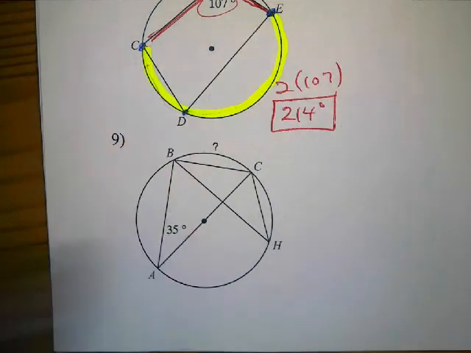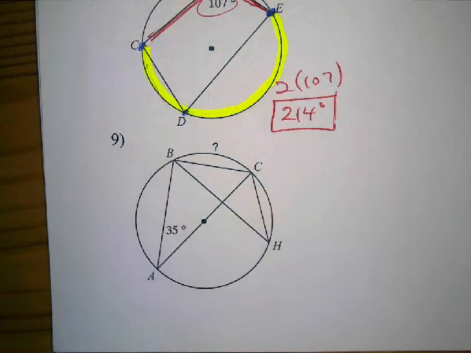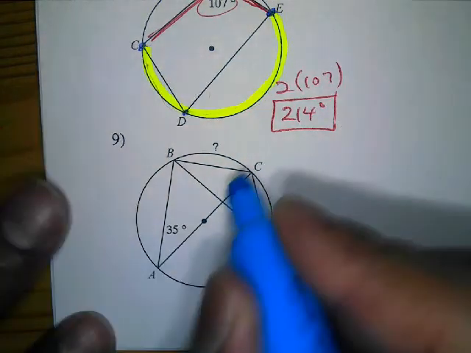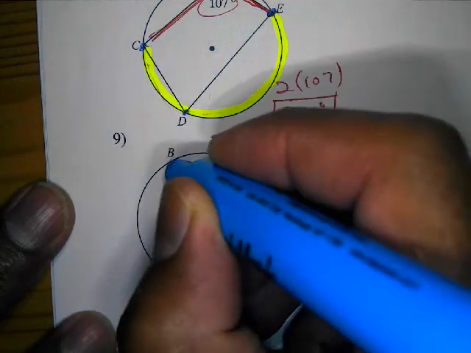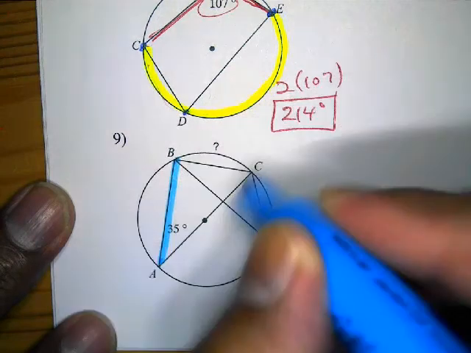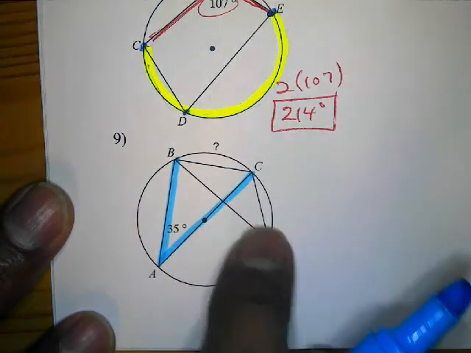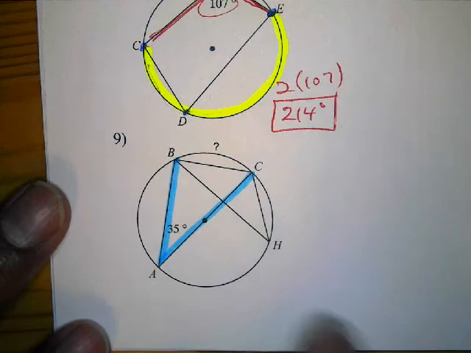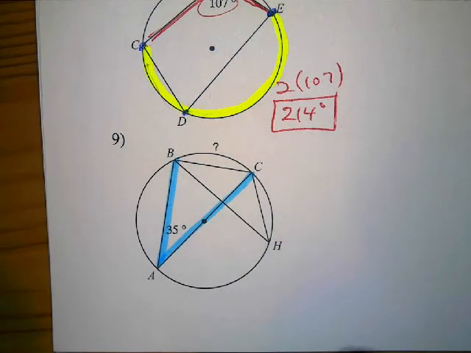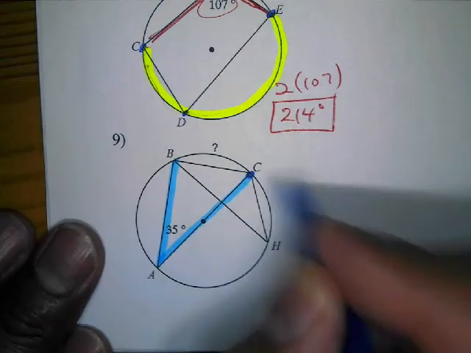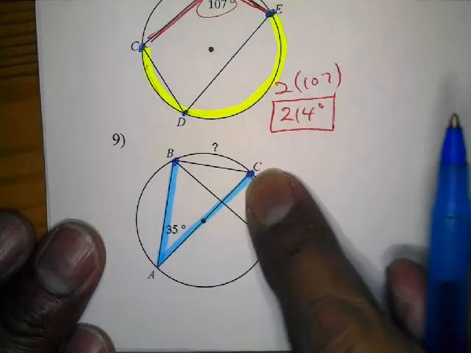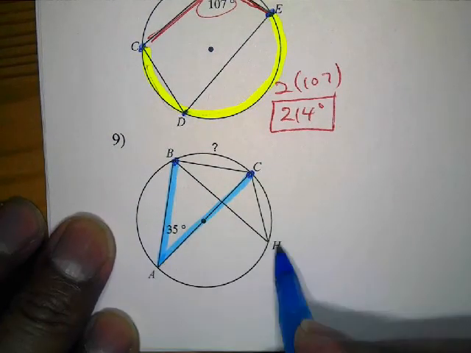Okay, so honestly, just focus on this angle, this 35, but I want you to really highlight or make darker or color those two sides of that angle, so you don't look at this other stuff. These other lines are going to throw you off.